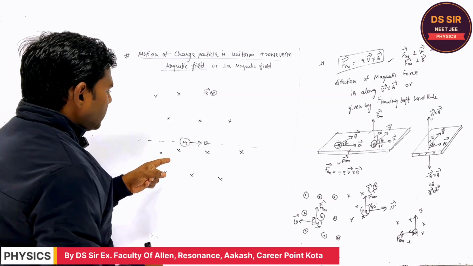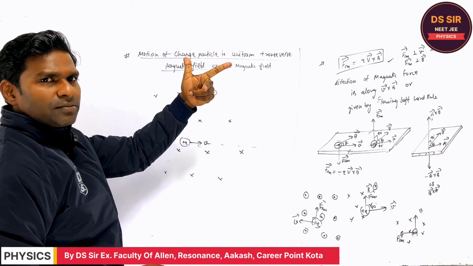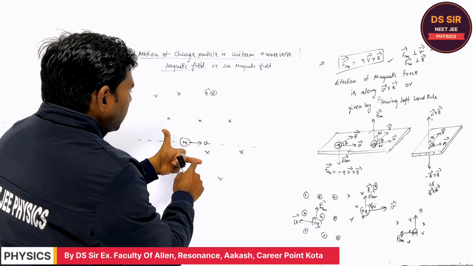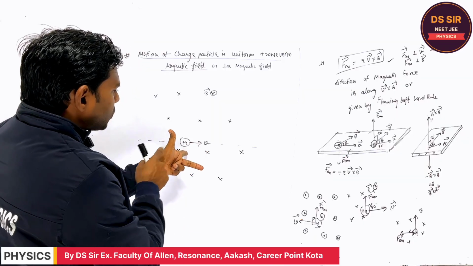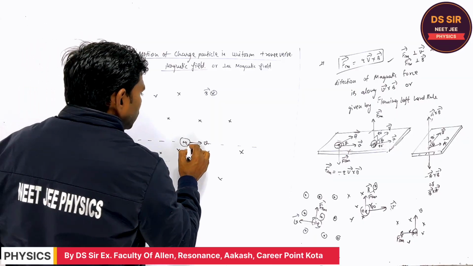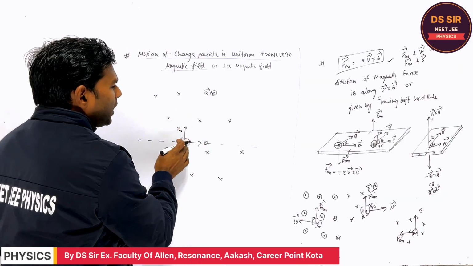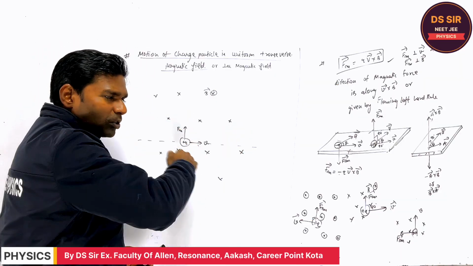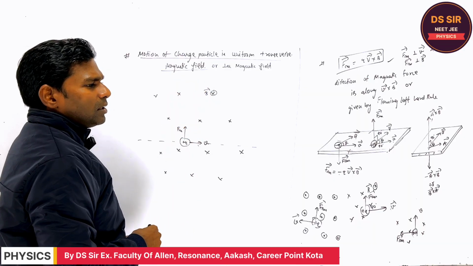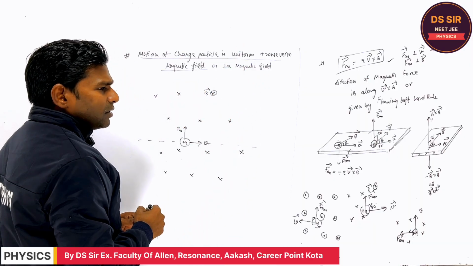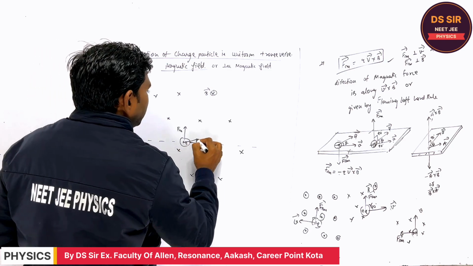You tell. Take your left hand rule. It is the magnetic field, it is the velocity. So what is the direction of magnetic force? Upwards. So if the magnetic force is acting over here, then what will happen to its path of motion? It will move in a straight line or it will deviate? Yes, it will deviate.